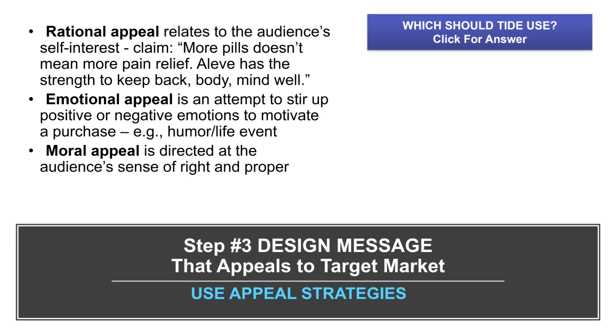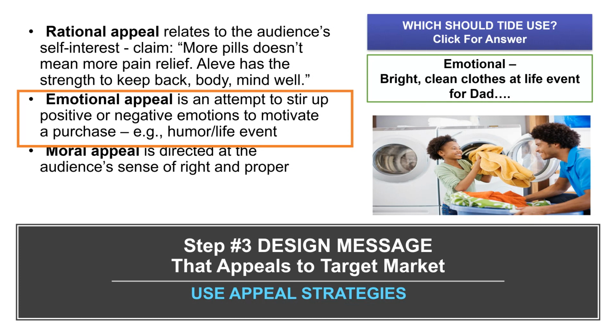So which should Tide use? Which one would be the most effective? A lot of people would say it's rational appeal, but in this instance, what Tide used was emotional appeal. And they targeted dads and the relationships with the kids. Their thinking was that if I target dads, I am also going to appeal emotionally to moms as well.